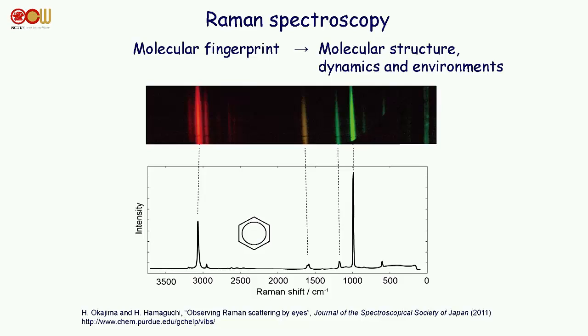So this is an example of Raman spectrum of benzene. So you are chemists, you know benzene. And if you shine your laser into benzene and use a spectrometer, then you get this kind of nice, very colorful spectrum. Because Raman scattering appears with different energy, or it's called Raman shift, then the color changes, of course.